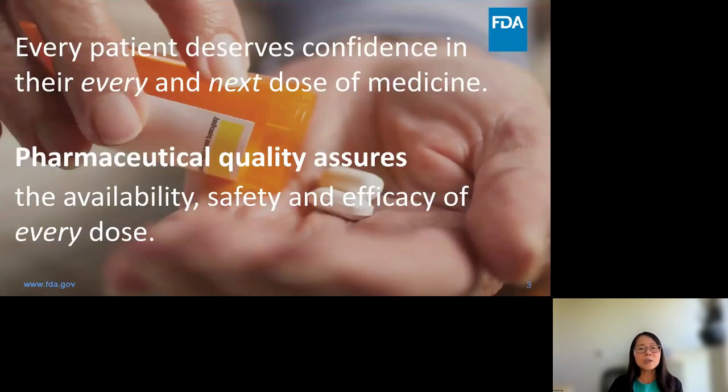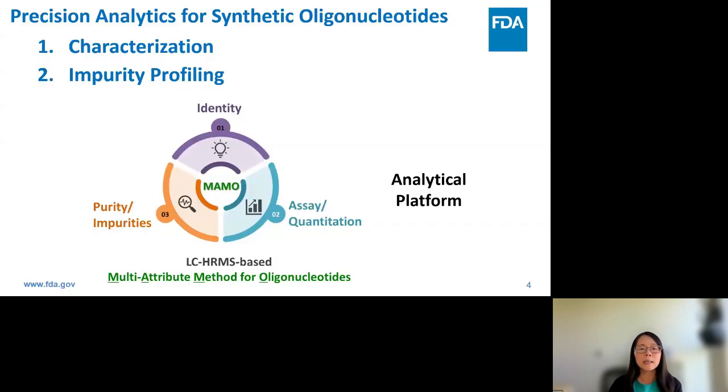With this slide, I'd like to share with you our vision of pharmaceutical quality. Pharmaceutical quality is essential to providing the American public quality medicine and assuring our patients the safety and efficacy of every dose they are taking, as well as their next doses.